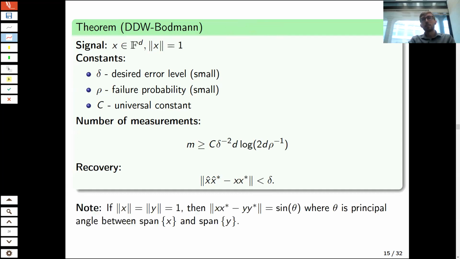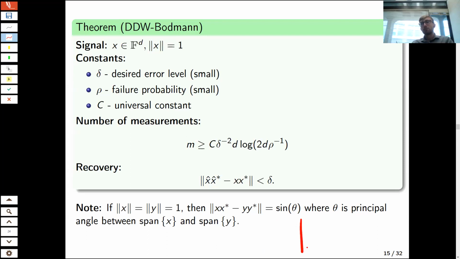And let me add a little comment here. This metric that we're using here: if you take two unit vectors and you look at their rank 1 projections on their spans, xx star and yy star, and this norm is the operator norm of the difference of these two projections. The operator norm of the difference of two rank 1 projections is the sine of the principal angle between their spans.